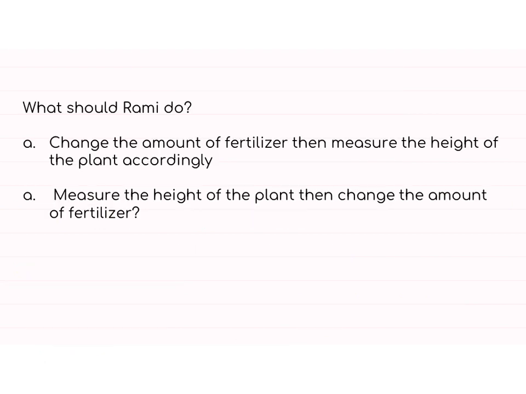We can explain it in another way too. What should Rami do? Rami has to change the amount of fertilizer, then measure the height of the plant accordingly, or he has to measure the height of the plant, then change the amount of fertilizer. For sure, what he has to do is change the amount of fertilizer, then measure the height of the plant accordingly.